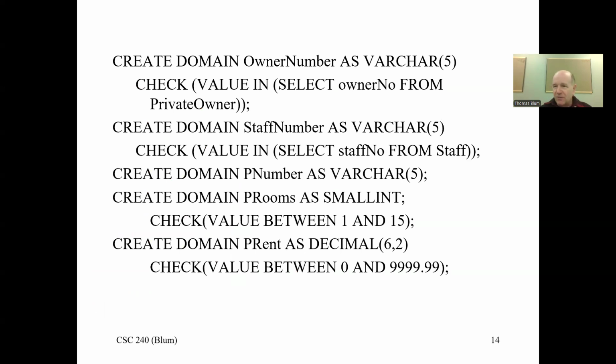And now here's a particular example. We're creating a bunch of domains. I think this is for a renting situation. We have a number for the owner, and we're defining a domain for that and checking that it comes from a particular table, creating a domain for the staff number, property number, number of rooms, and a rent for the property.